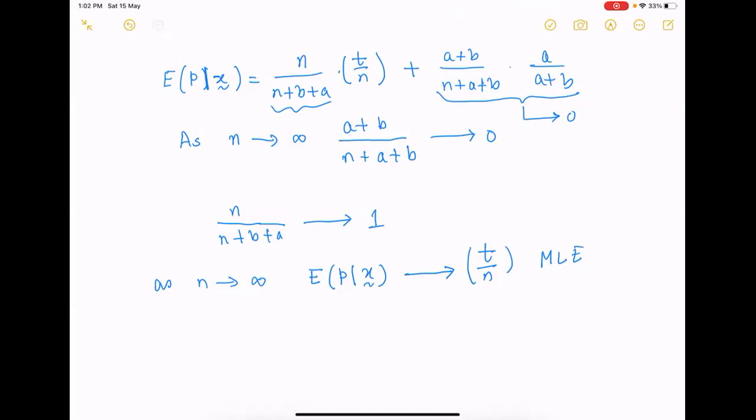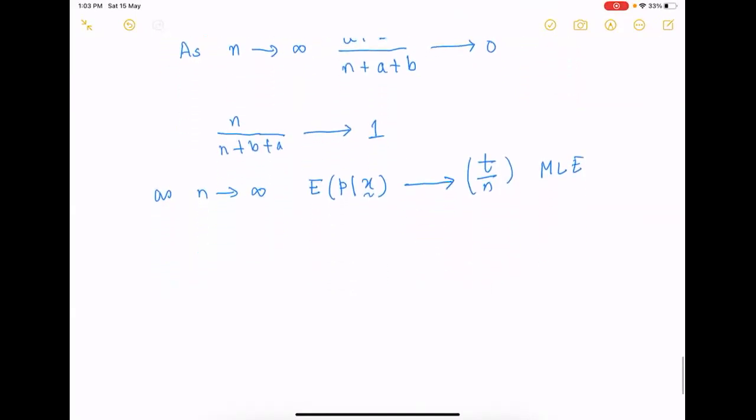If I have lots and lots of data, the Bayes estimator and the maximum likelihood estimator will be very close to each other. This is an extremely important property of Bayesian estimation, sometimes called Bayesian consistency.